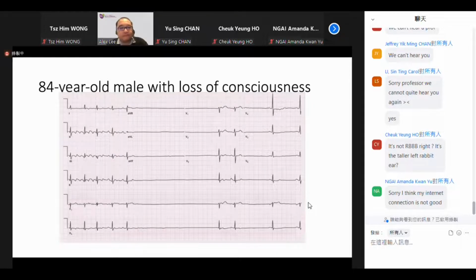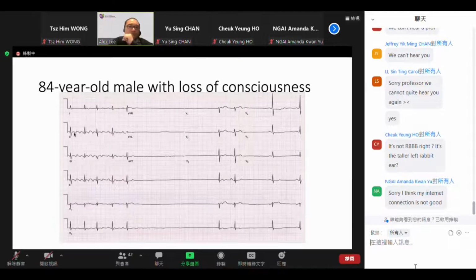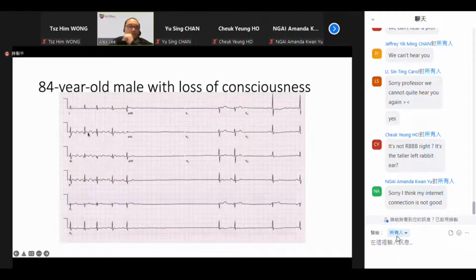And there seems some kind of flutter wave in lead 2 and lead 3. You mean here, right? Yes. Okay. So there is a sawtooth shape again, flutter wave. Good observation. Anything else? How do you explain the loss of consciousness?